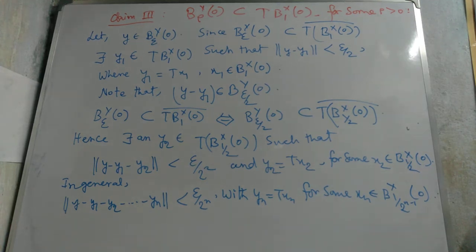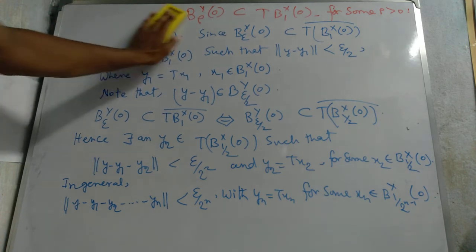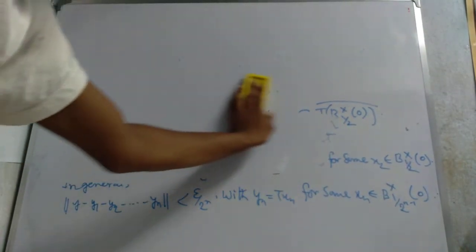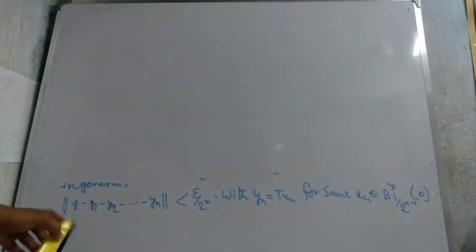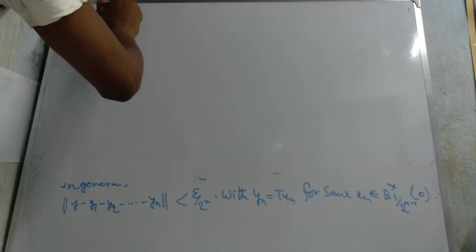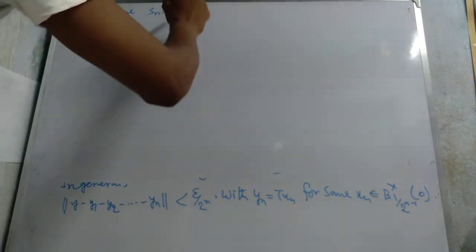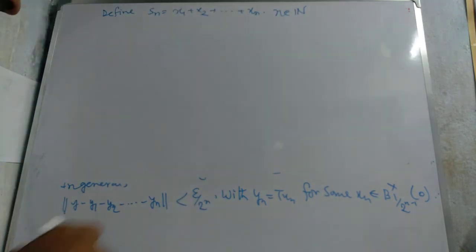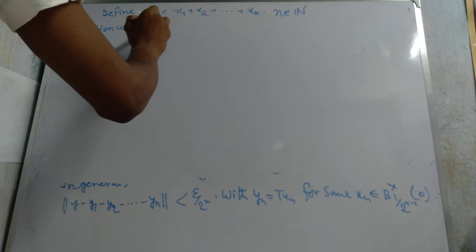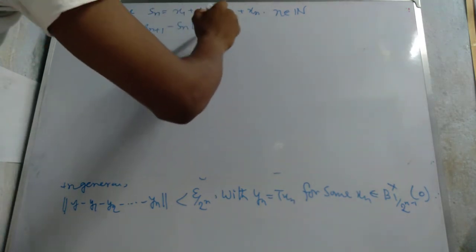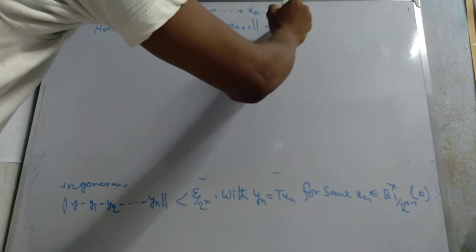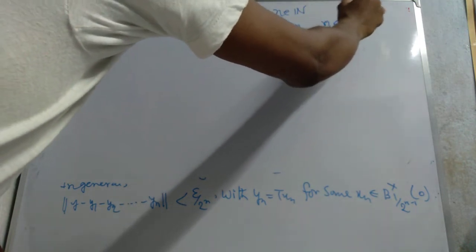Then what we get: define Sn equal to x1 + x2 + ... + xn for n belonging to the natural numbers, and hence norm of S_(n+1) − Sn equals norm of x_(n+1), which is less than 1/2^n, n belonging to the natural numbers.